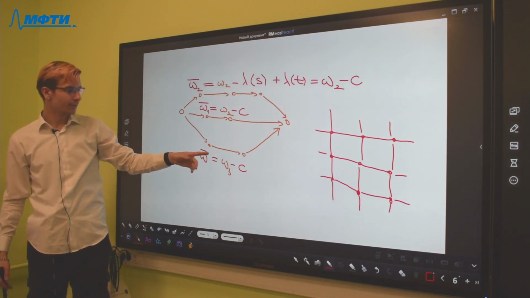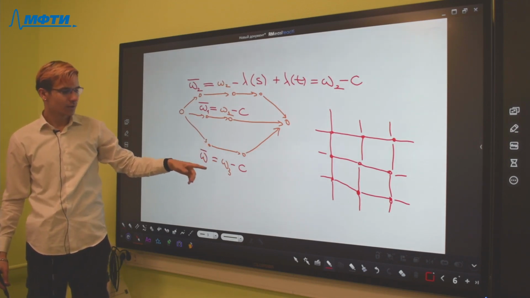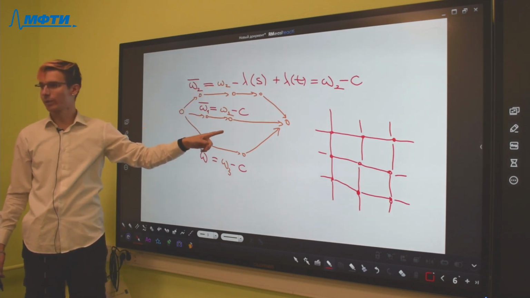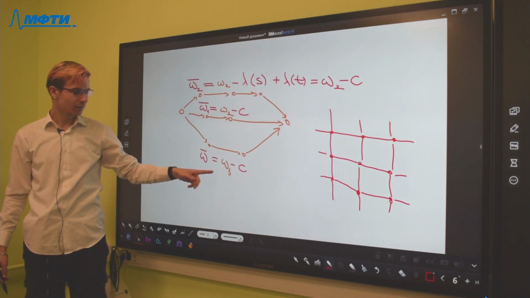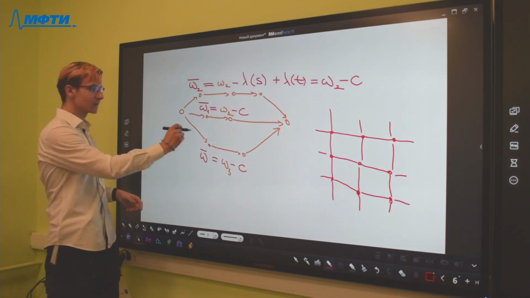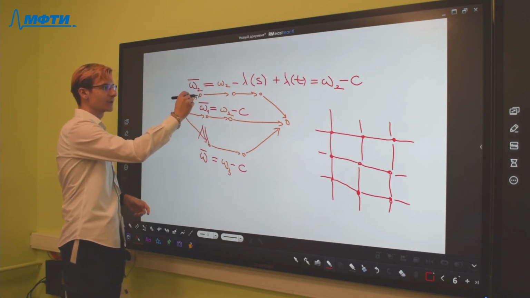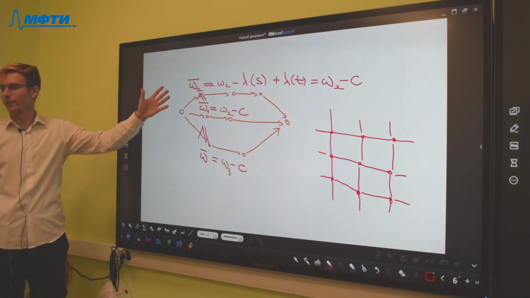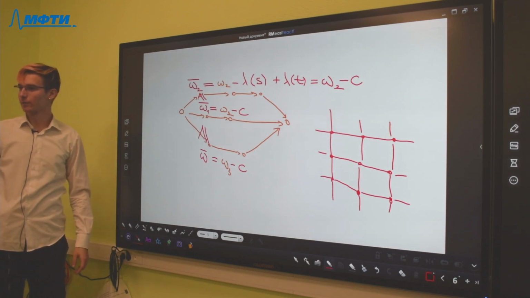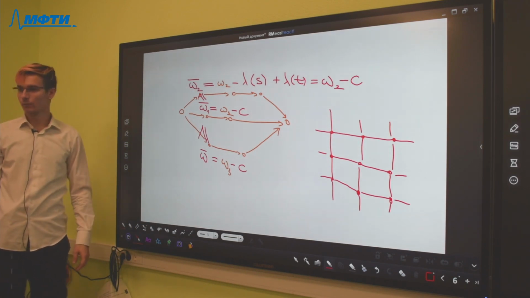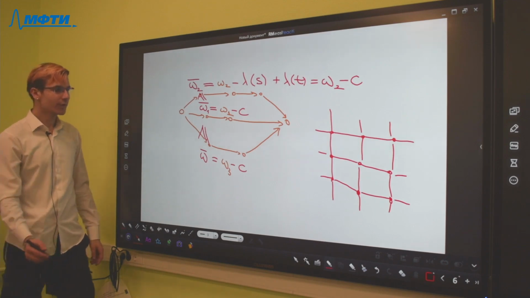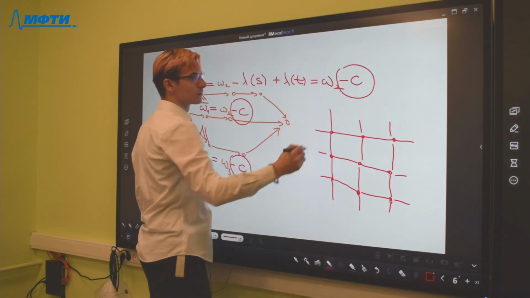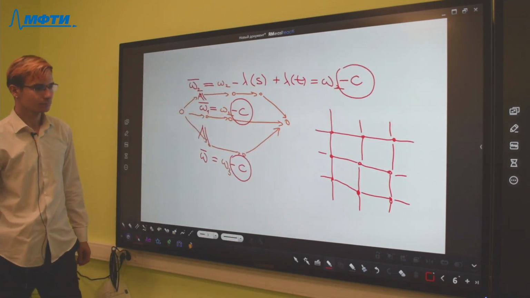So if we initially have W2 smaller than W1 smaller than W3, then this partial order will be the same for W with overline. Understandable? Because we change with the same constant.